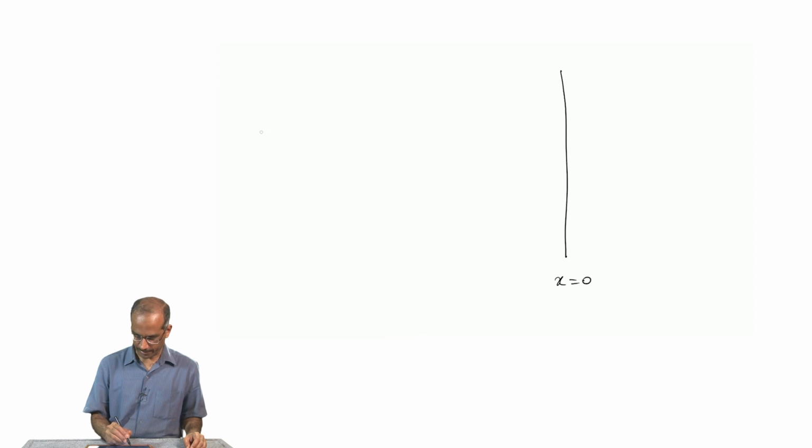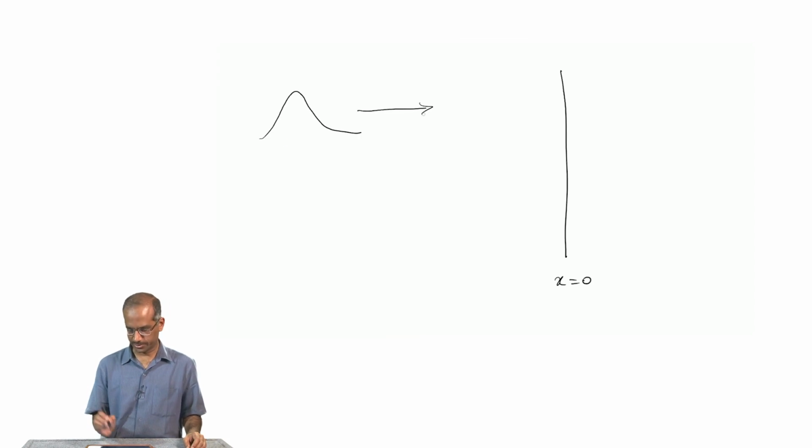Say for example, this is my boundary at x equal to 0 and I have an arbitrary wave packet, something that looks like this, which is going in this direction.